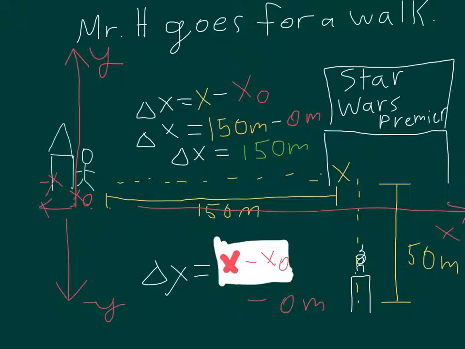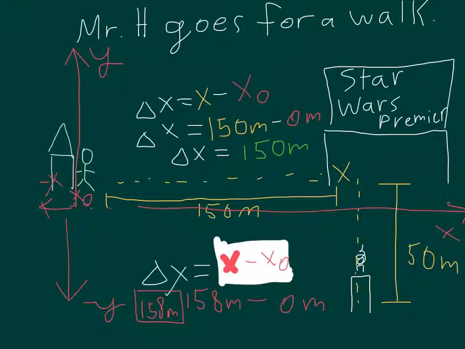And then after adding that together and taking the square root, I would complete the Pythagorean theorem, and my current position would be approximately 158 meters. So therefore my displacement would be 158 minus 0, or 158 meters.